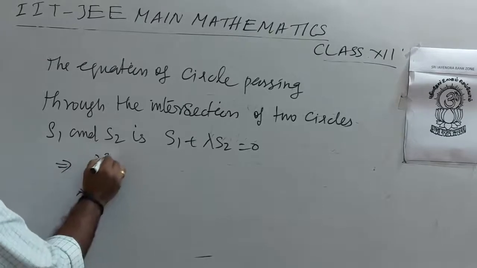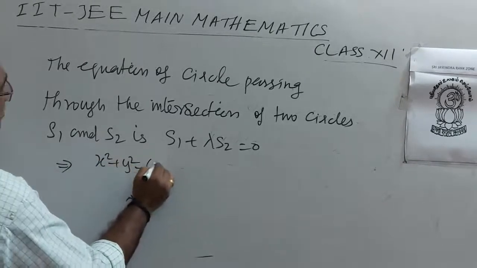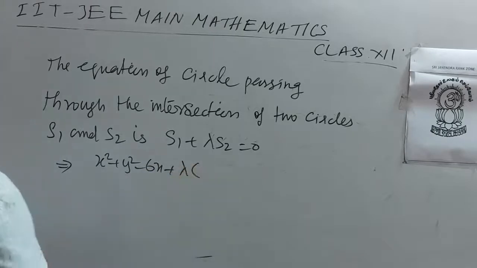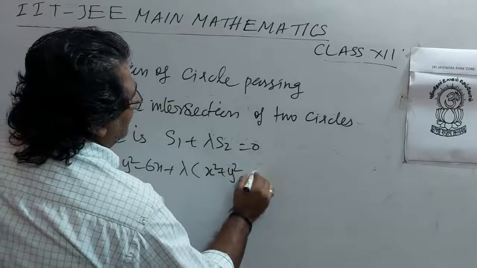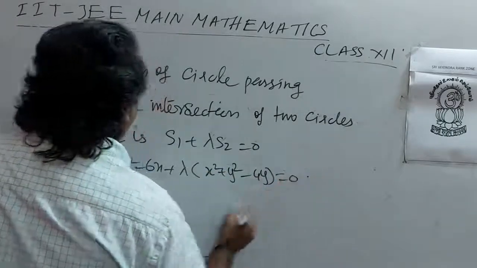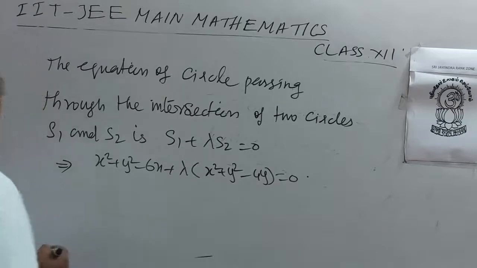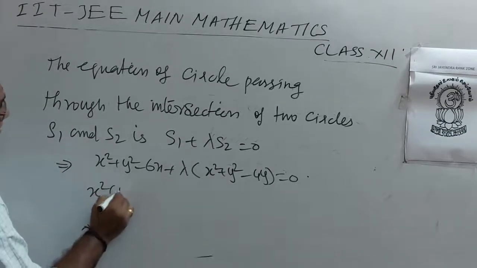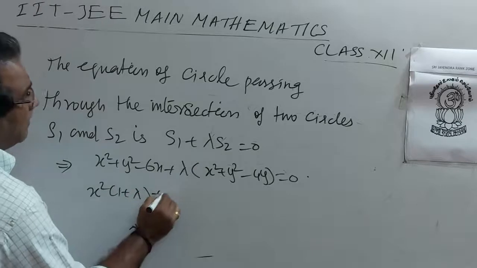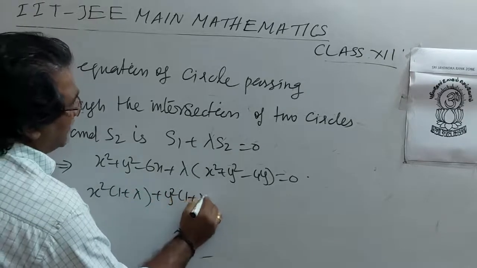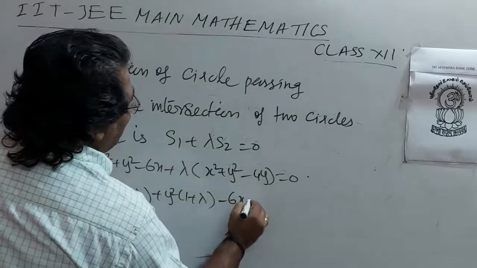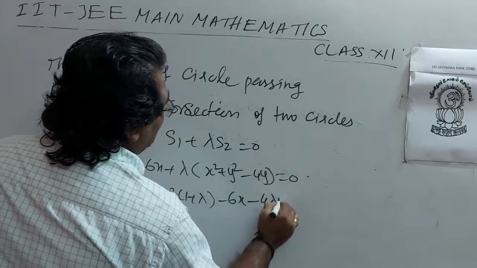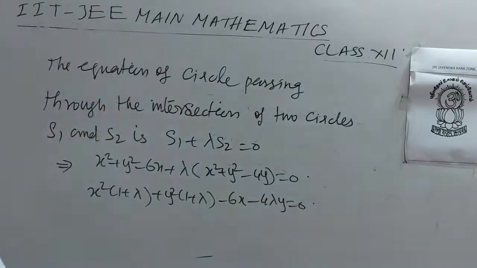Here the first circle is x squared plus y squared minus 6x, plus lambda times another circle x squared plus y squared minus 4y equals 0. So (1 plus lambda) x squared plus (1 plus lambda) y squared minus 6x minus 4 lambda y equal to 0.